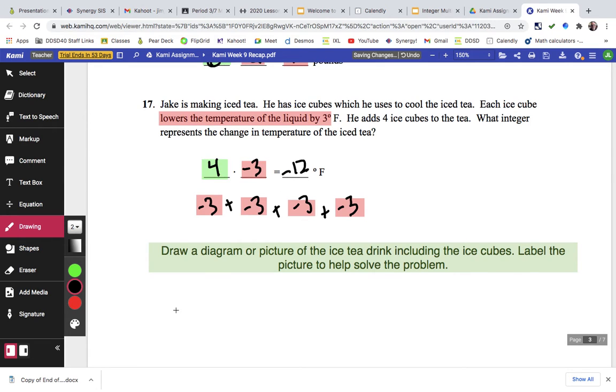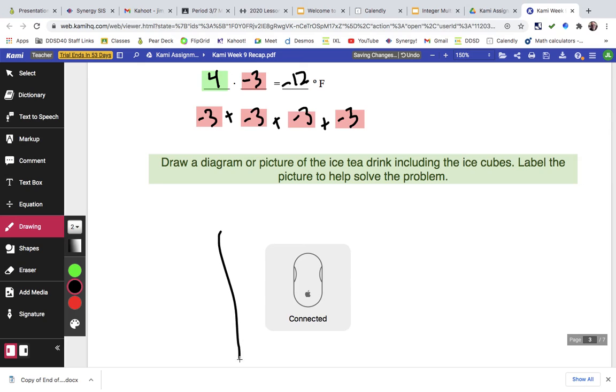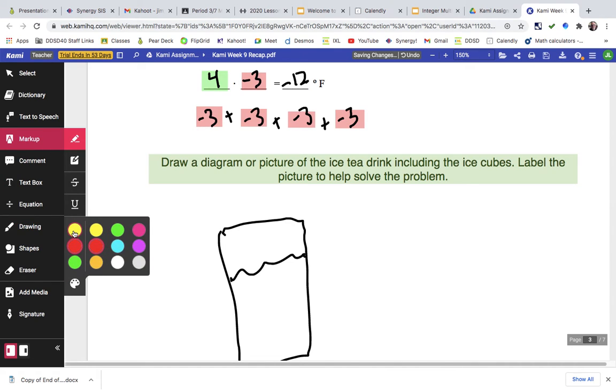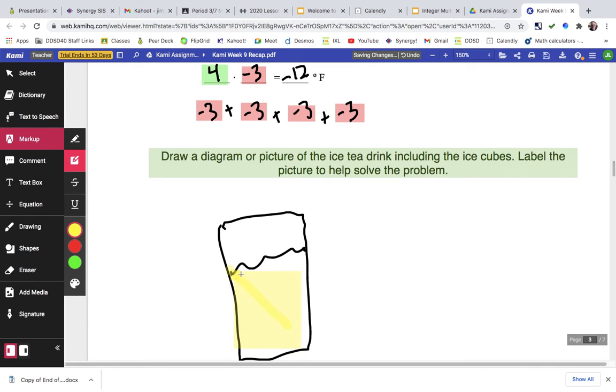So here's what the picture might look like. We might have this drink of iced tea. So we'll just put some iced tea in here. And then I'll put some ice cubes in here.